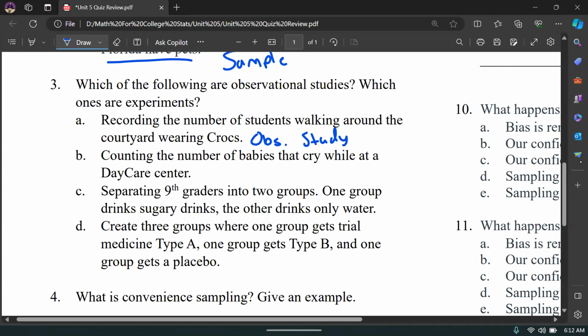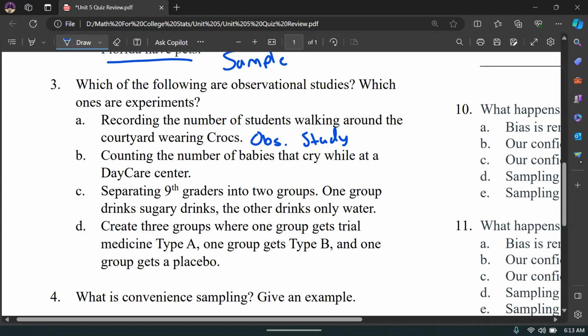We don't regulate it. We don't control it. We just gather data and make conclusions, but we don't initiate or add treatments to anything or separate people into groups.